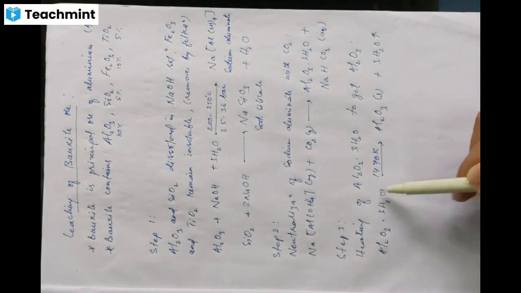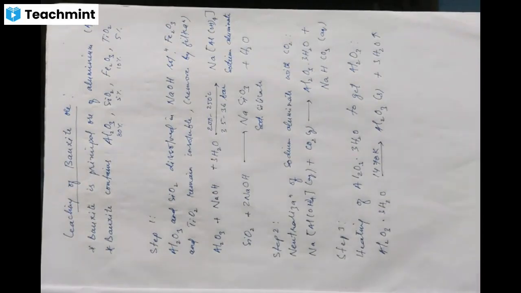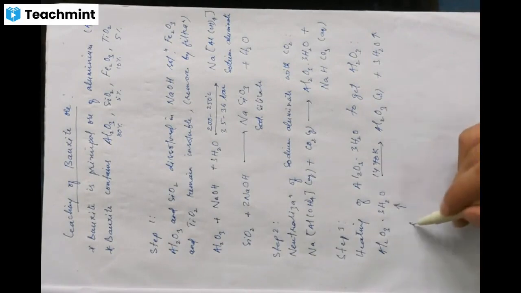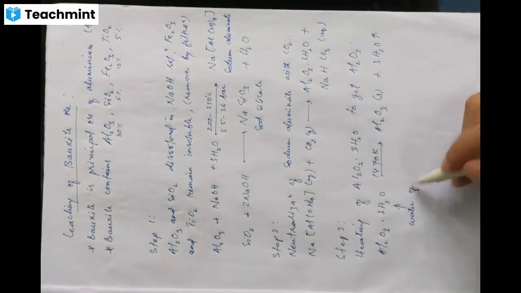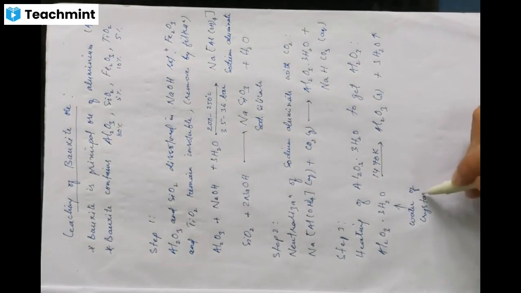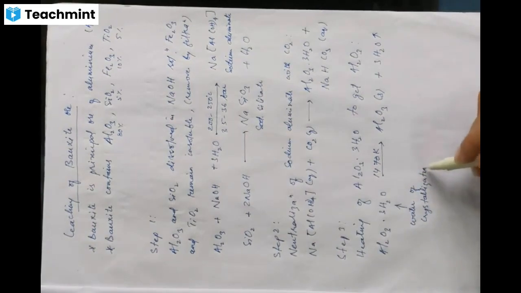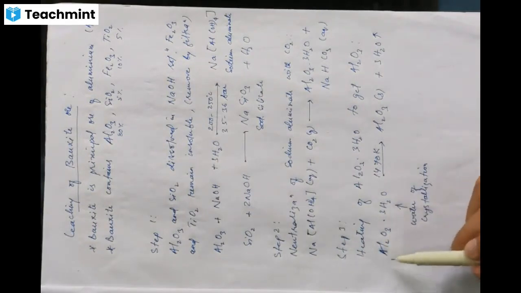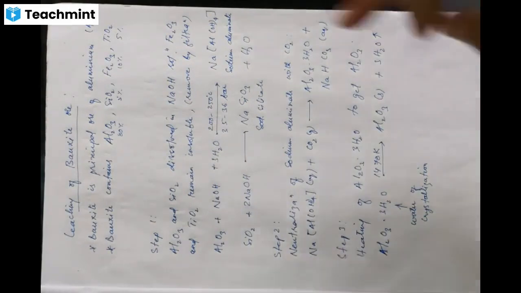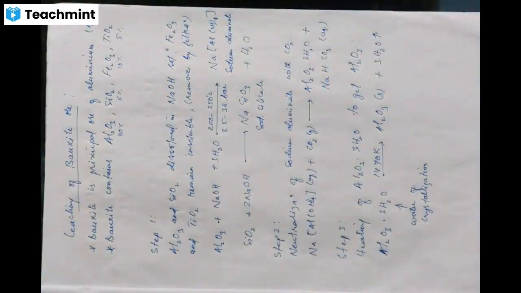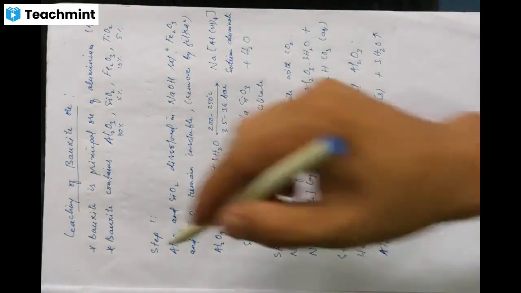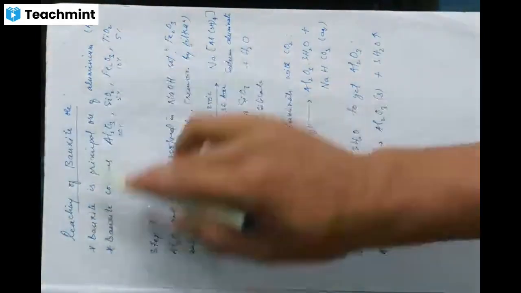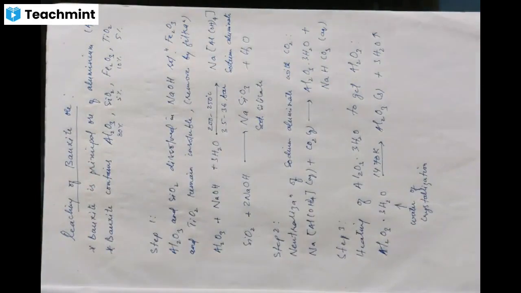This is called water of crystallization. This helps to crystallize or balance the charges of this aluminum trioxide and make it a crystal. So these are the few steps that we usually do during leaching of bauxite ore.